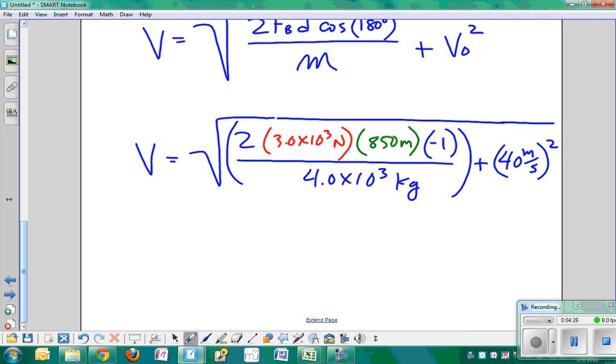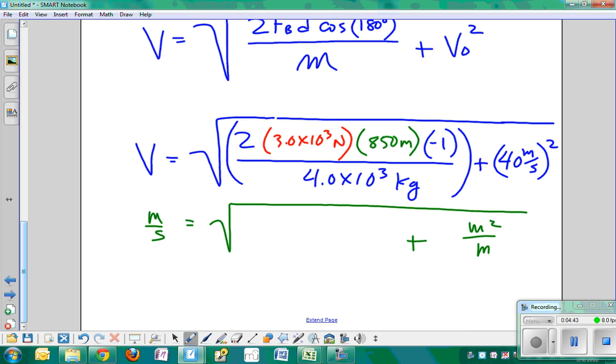All right. Velocity needs to be in meters per second. Let's check ourselves dimensionally. We know that on the inside we should end up with meters squared per second squared because we're taking a square root. So we know we're good over here because meters squared per second squared comes out cleanly. What do we have here?